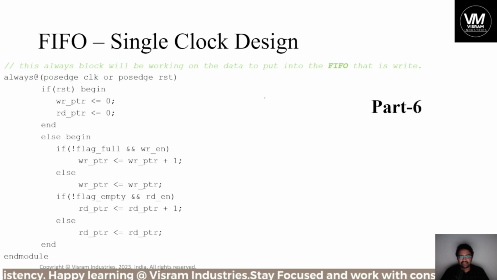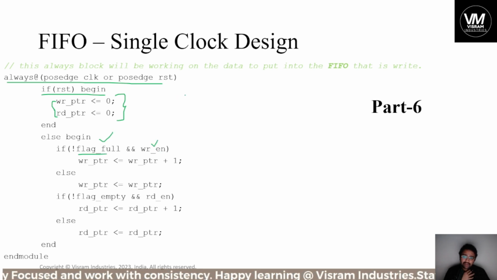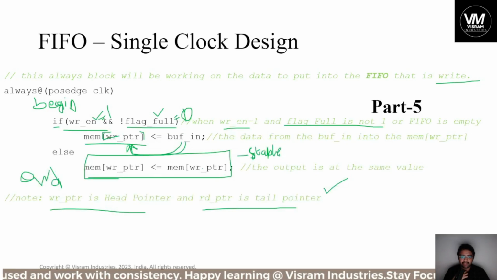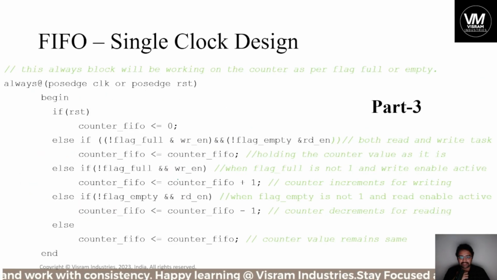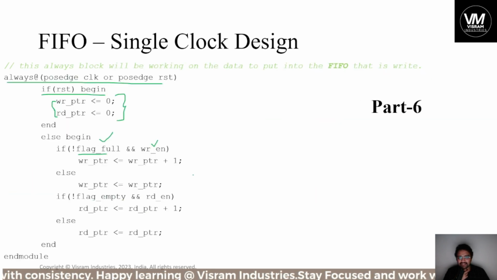So in the last thing, always at the clock or the reset, you have to reset the entire thing. At first, both the write pointer and read pointer are 0 and 0, else begin not flag full, because now we have to take care of the pointers, right? We are using the pointers at different locations, mentioning address locations of the memory to read and write at different points.